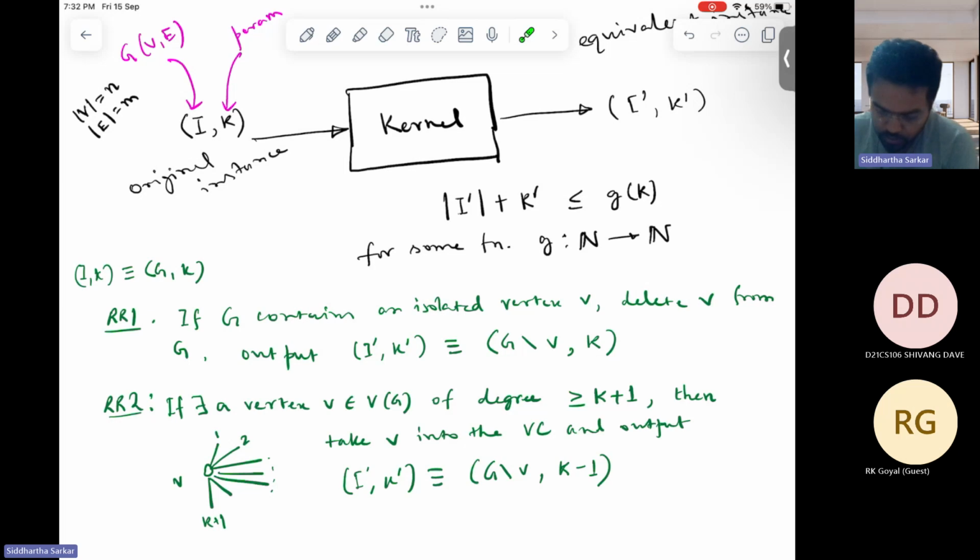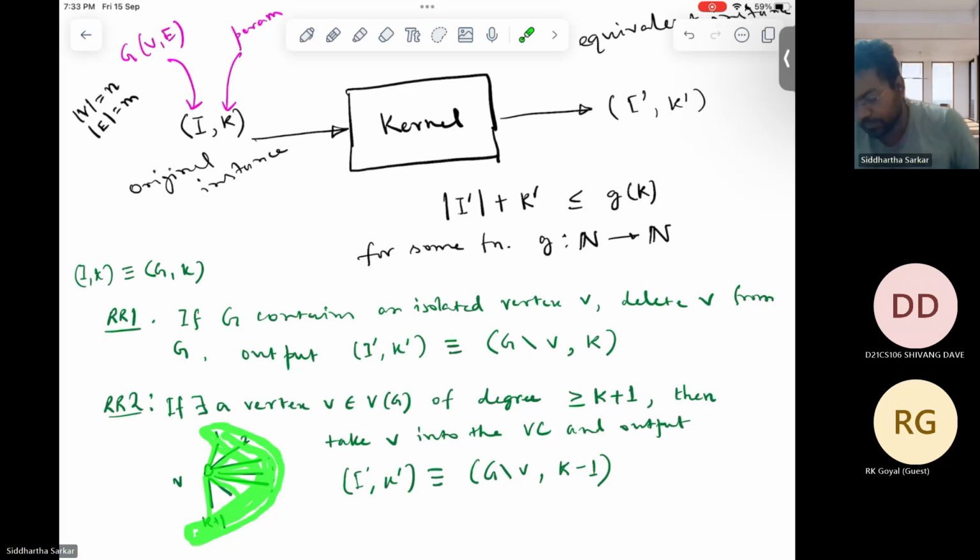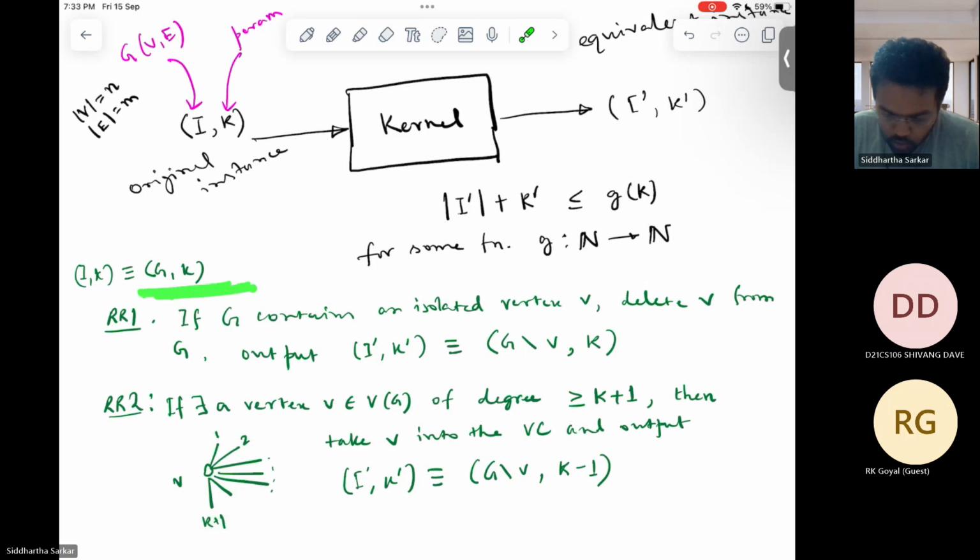And why so? Because if you do not take v, then to cover all the edges which are incident to v, you have to take all the neighbors of v. And how many neighbors you have to take? At least k plus 1, because at least k plus 1 neighbors are there. And then you will be failing to satisfy the condition that your vertex cover size is k or less.